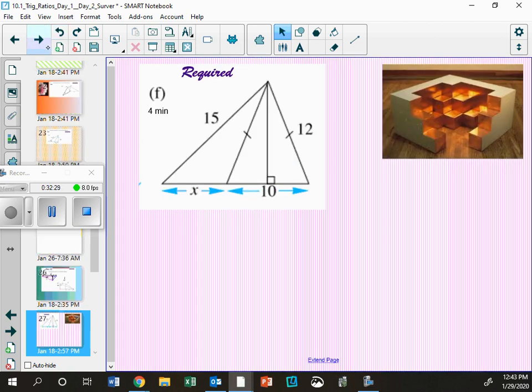This is your last one. Do you get there's no angles given? But do you get there's two sides given? If you've got two sides, there must be a way to find a third side if you can make a right triangle somehow.